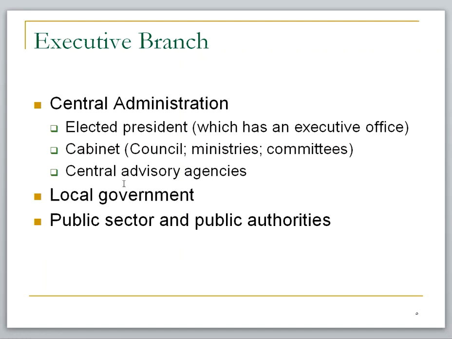Also we have central advisory agencies, بعض الهيئات الاستشارية that report to the cabinet. Related to the executive branch, we have the local government, the public sector and public authorities.